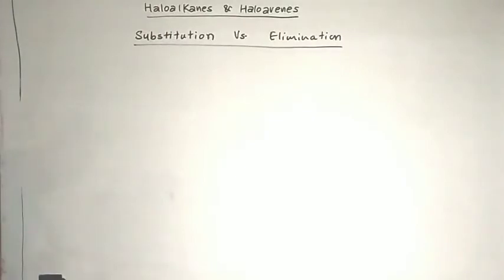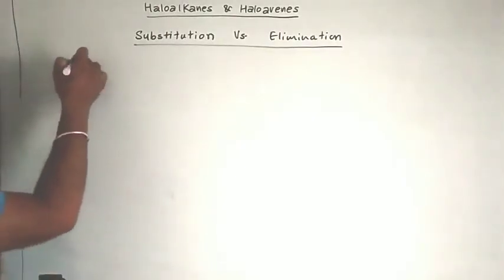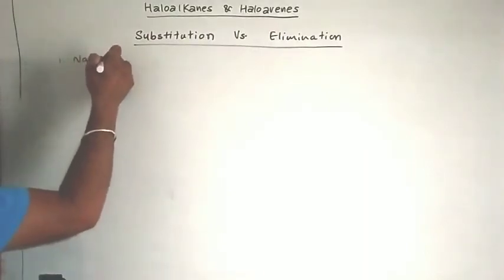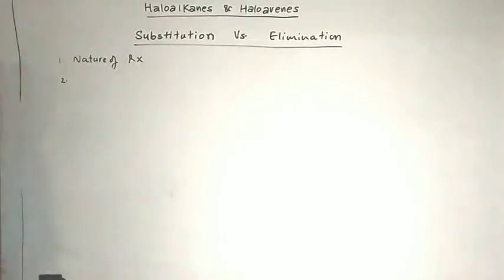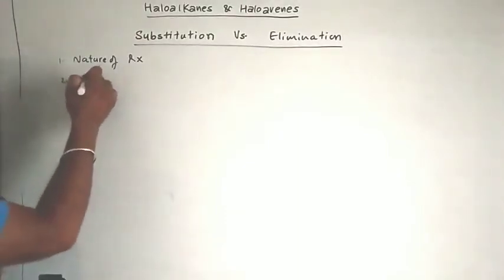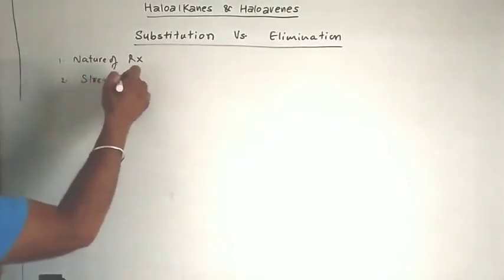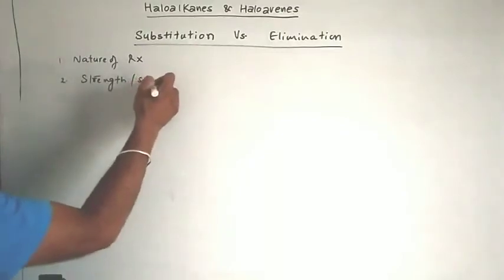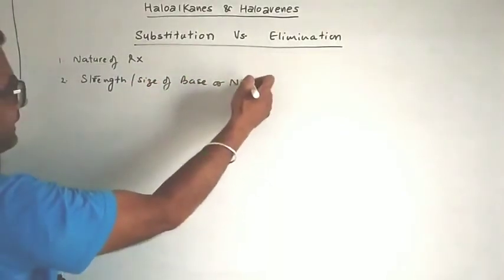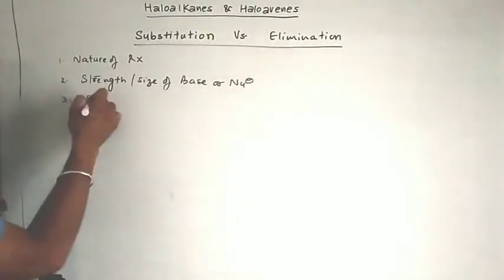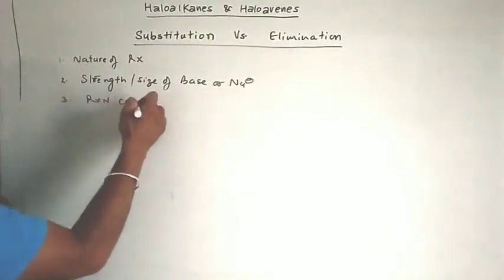Product formation basically depends upon 3 factors: nature of alkyl halide, number 1. Number 2, strength and size of the base or nucleophile. Third is reaction conditions.